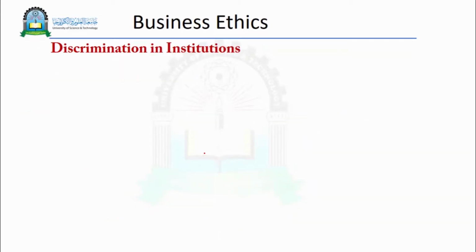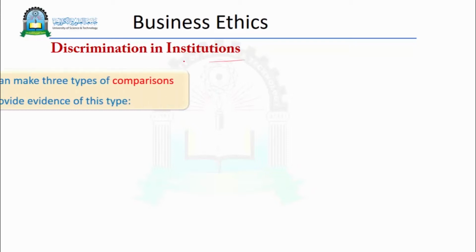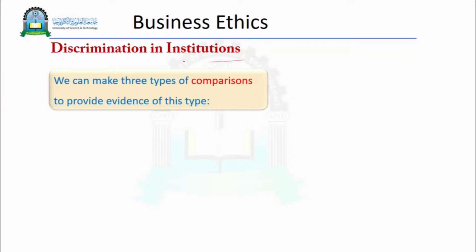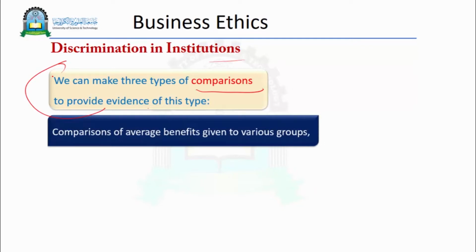Now, to go more specific, we have discrimination in institutions, in companies. In that sense, we may need to ask ourselves whether a company is actually discriminating against its employees. To answer this question, we can make three types of comparisons to provide evidence of discrimination in these companies. For example, we compare the average benefit given to various groups.